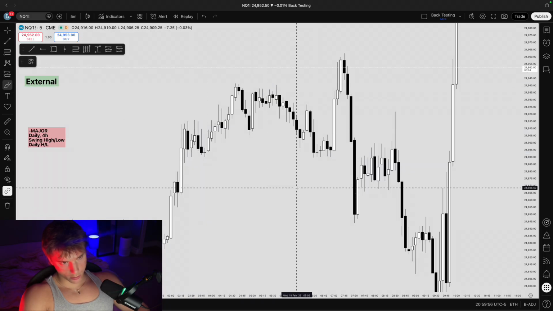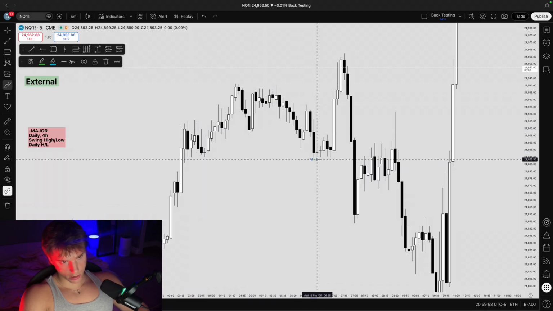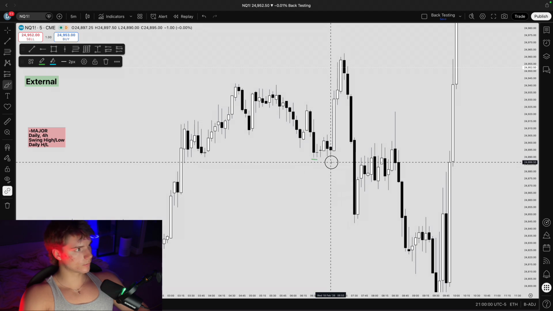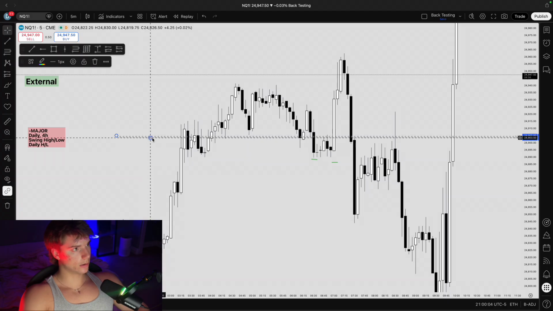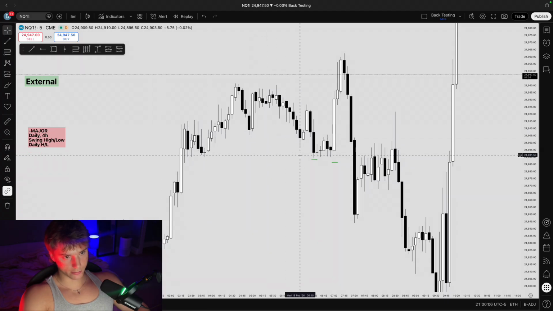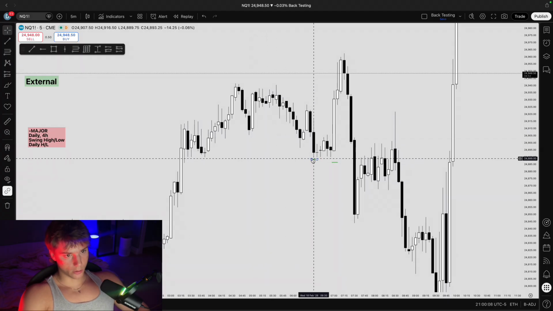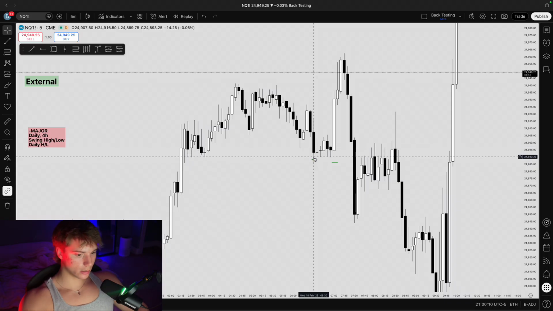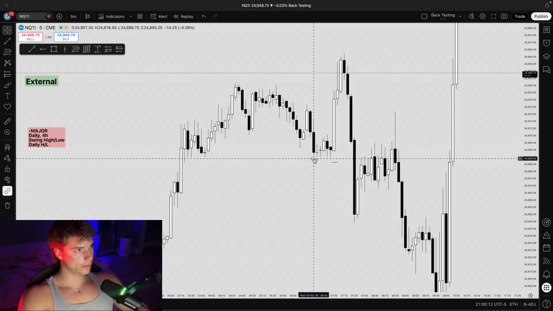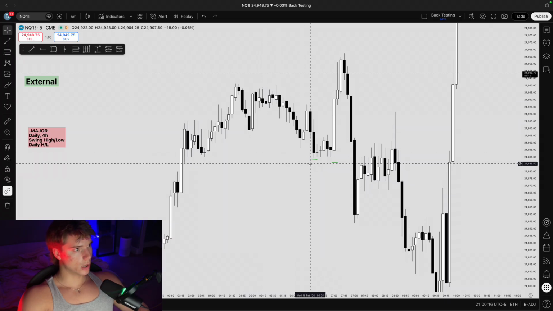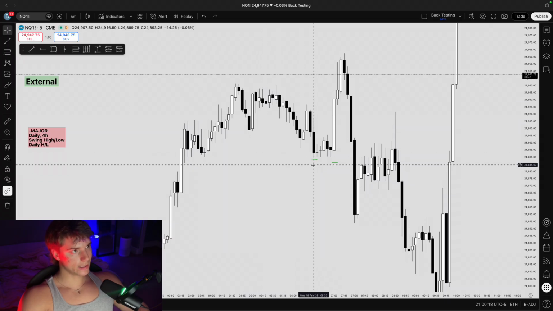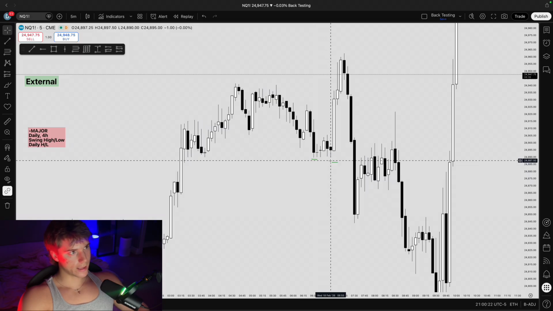We have low right here, and then another low right here. If you remember from the TradingView video, when I showed you how to tell what the low is and the price of it, go on the candle with your crosshair, look at the top left, it's going to show you the low right here, right? Go on the candle, low is 24889.75. Go on this one, 24890, right?